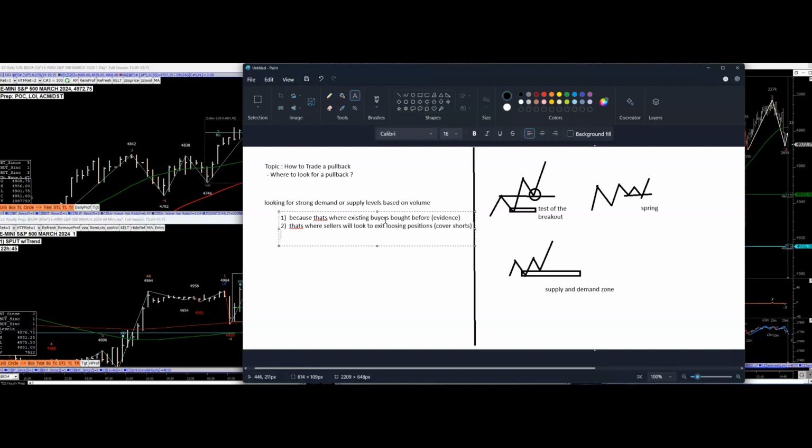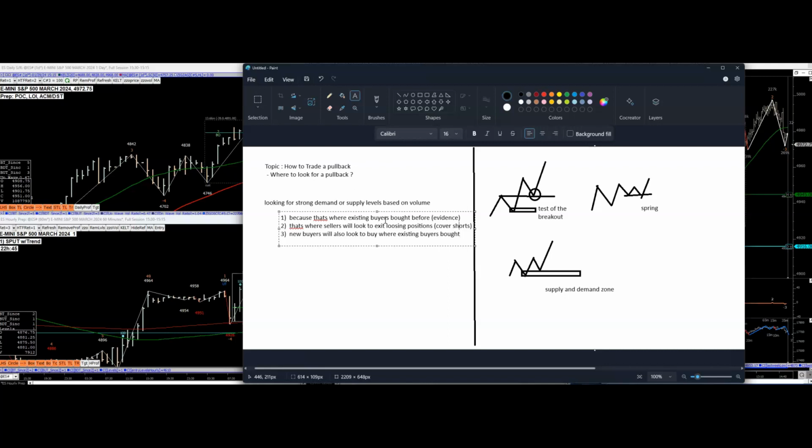And the third thing is, existing buyers bought there. There is a possibility, right, that new buyers will also look to buy where existing buyers bought.